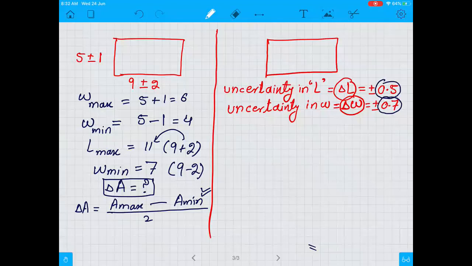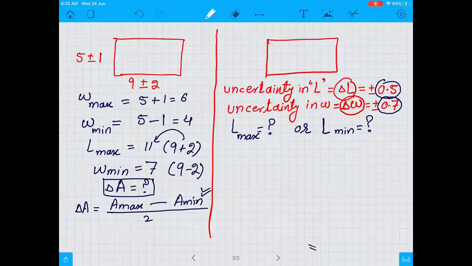Here you see the uncertainties are given, but the values are missing. So in this situation, you cannot find L maximum or L minimum. Here you cannot find the maximum length or the minimum length.